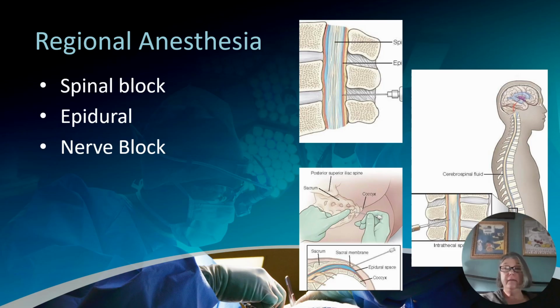Now, the biggest thing that we worry about afterwards is a spinal leak, right? So we want to make sure that afterwards our patient's bed is flat. That is going to help avoid a headache. That will also help avoid a leak.